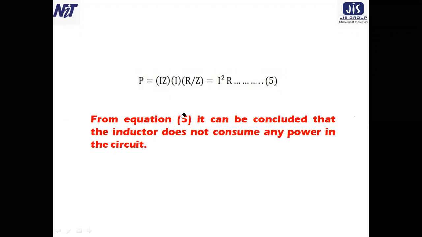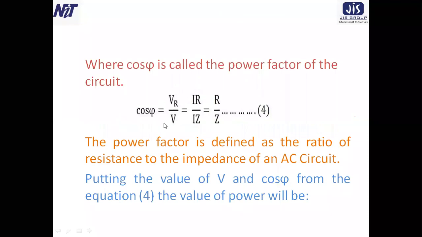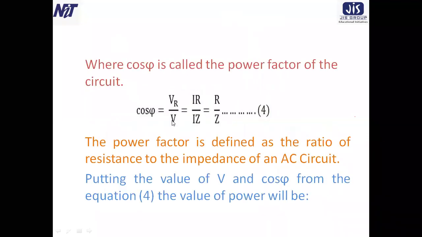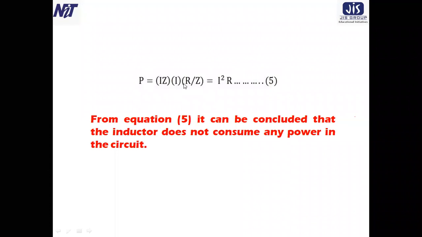So how is it happening? You have to understand this also. P equals IZ into I R by Z. So this Z will vanish, and we get I square R. So this is the power loss equation.